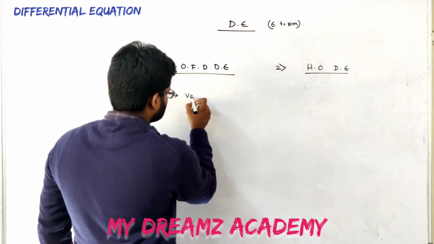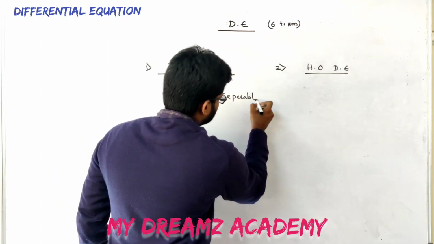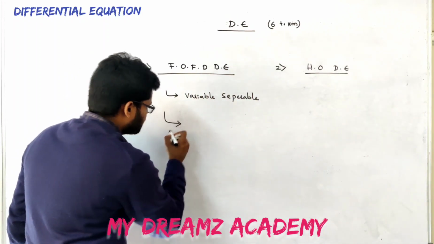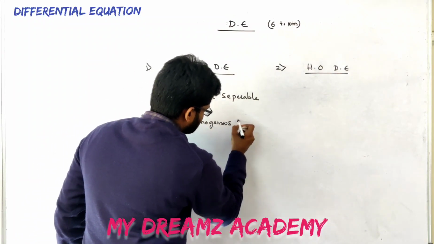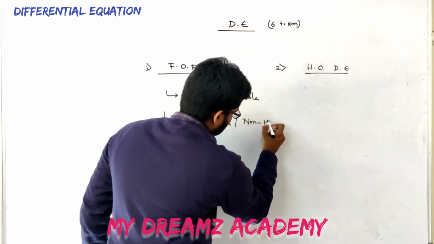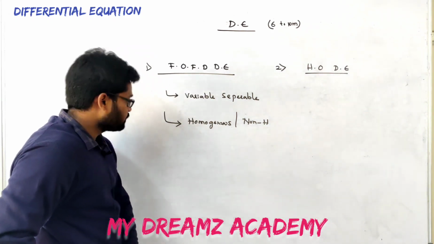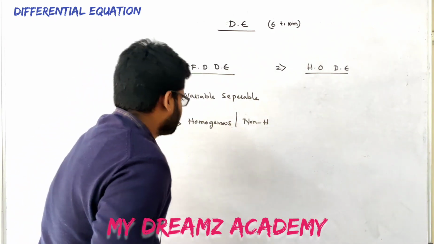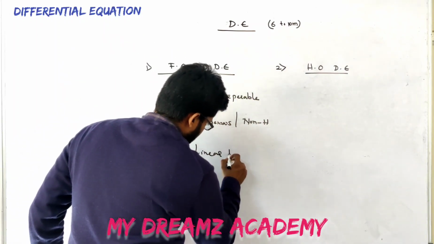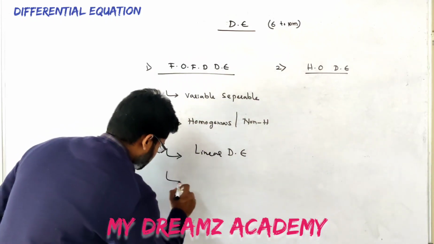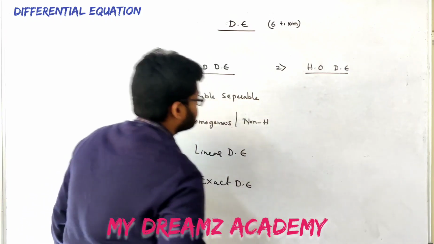The first one is the variable separable method, the second one is the homogeneous non-homogeneous method, the third one is linear differential equation, and the fourth one is exact differential equation.